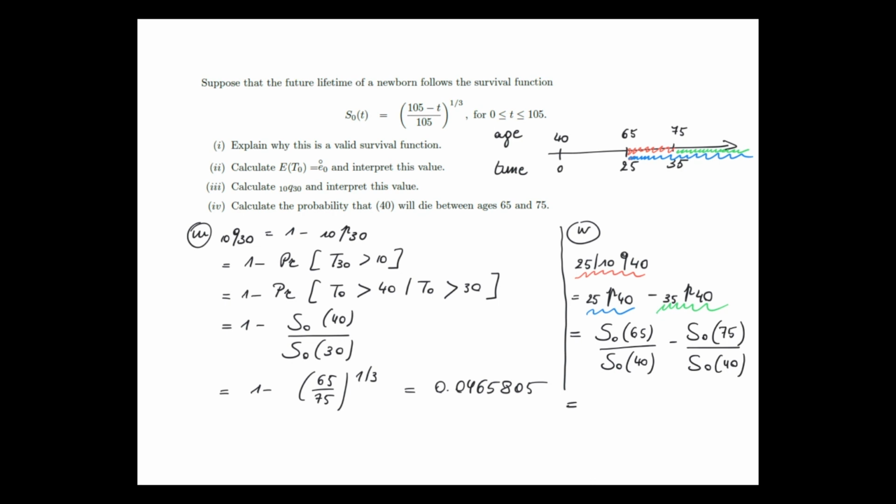So if I do the maths, then I'll eventually find 40 to the power 1 over 3 minus 30 to the power 1 over 3 divided by 65 to the power 1 over 3, and that is 0.0777685. So that's the answer for this last part of our question.